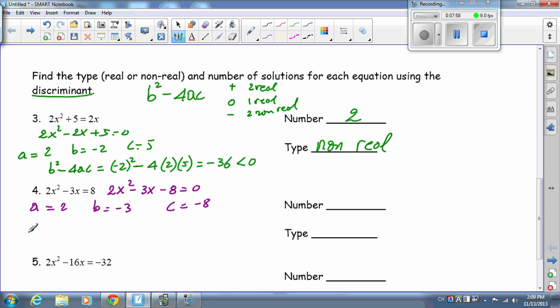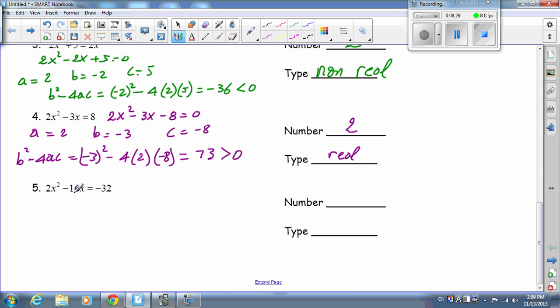So b squared minus 4ac would be equal to negative 3, the whole thing squared, minus 4 times a here is 2, and c here is negative 8. You need to put it properly on the calculator. Make sure you use parentheses, and you should end up with 73. Well, 73 is bigger than 0. It means that we have 2 real solutions.